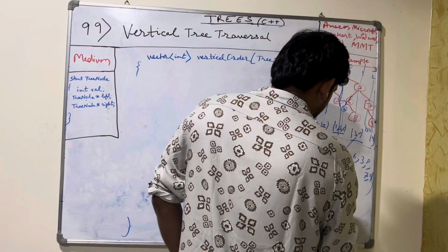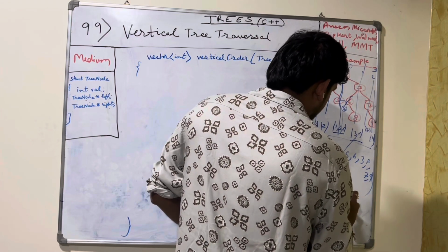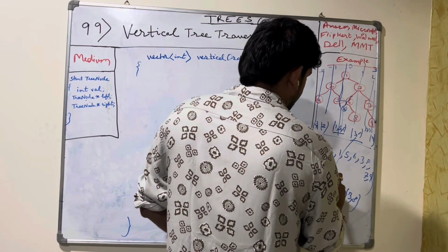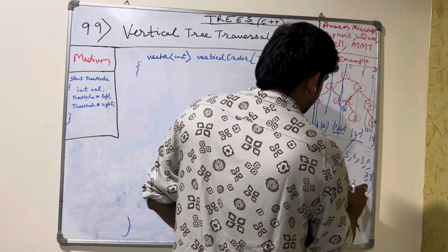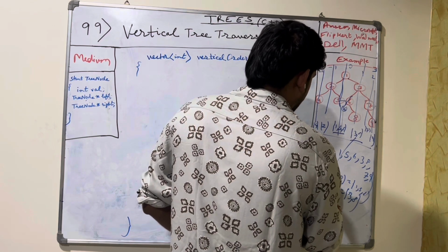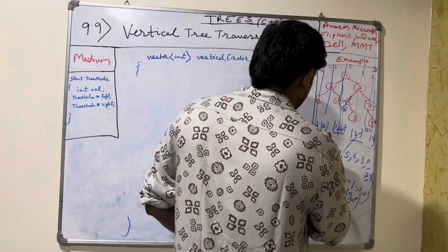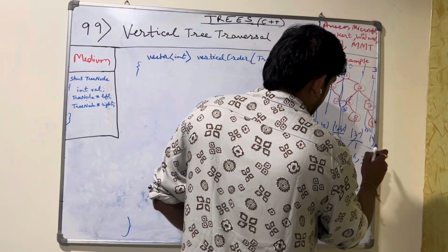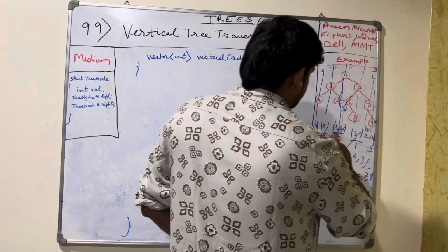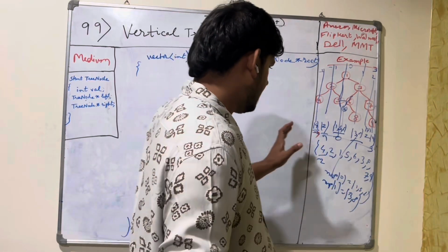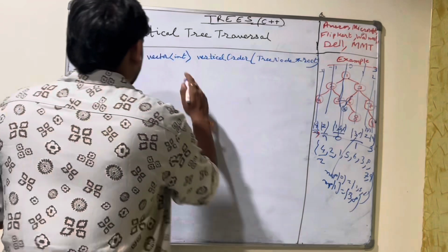For example, mp1 is equal to 3, 8. Like this, mp0 equal to 1, 5, 6. This will be -2. So mp -2, mp -1, mp0, mp1, mp2, mp3. So we'll have this whole thing. Then we can traverse this map and add these values. Let's code it. It's simple, right?